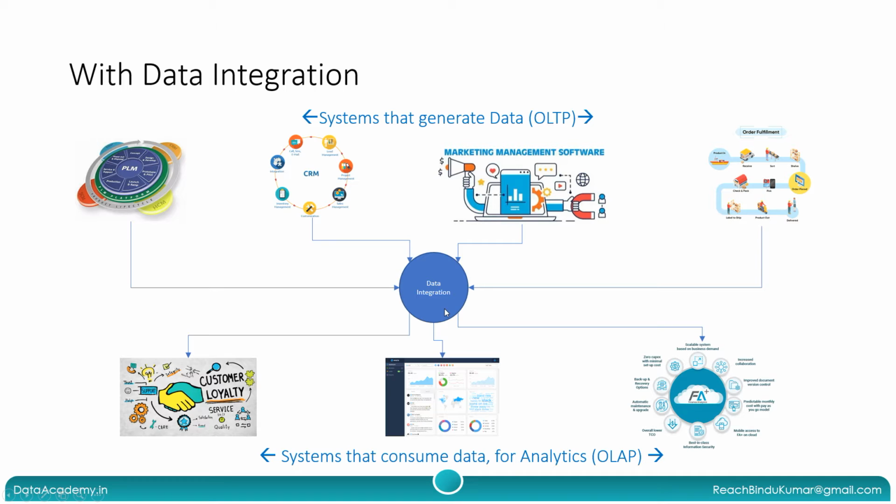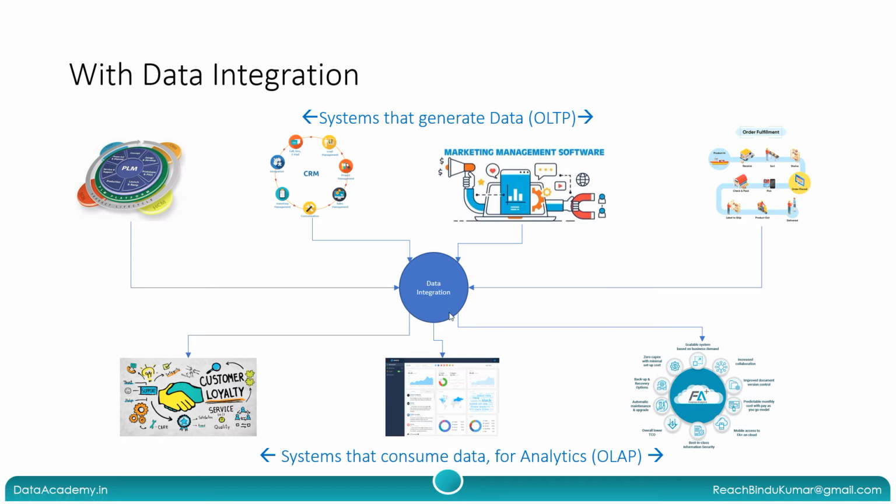A data integration project tries to achieve the solution where you don't have to connect to multiple systems multiple times. Here you can see we are connecting to PLM just once. We are connecting to order fulfillment only once. In this one connection that we establish, we pull in all the data that is required and store it here once.